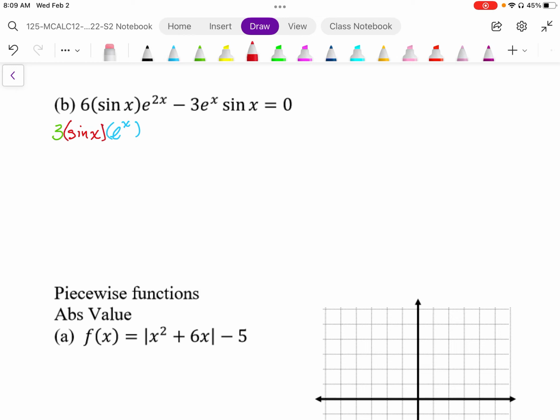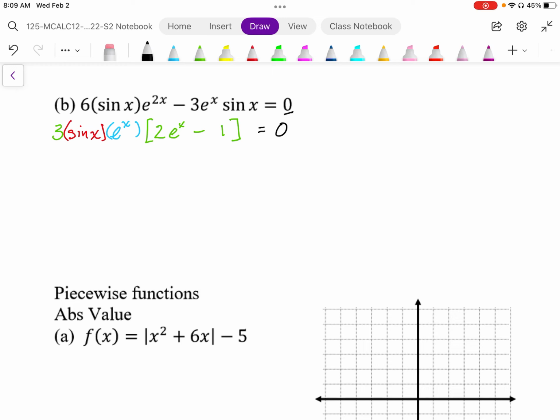So those pieces are factorable. What's left over in the brackets then, we're going to end up with 2. We have 1 e to the x left here, and this is just going to be minus 1. And that's all equal to 0.